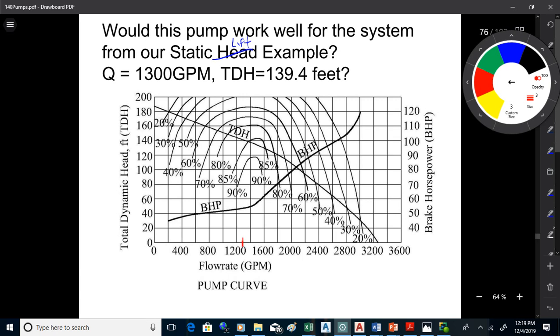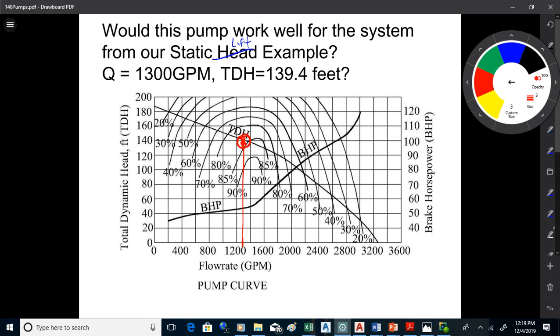So is that about 1,300 gallons per minute? Right about there, and 139.4 feet. So right about there. Okay, you all with me?